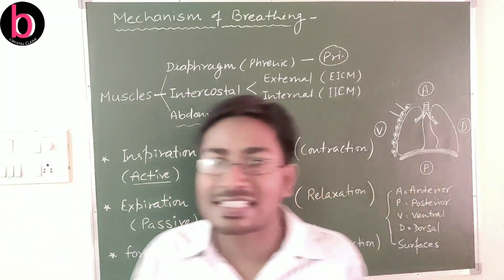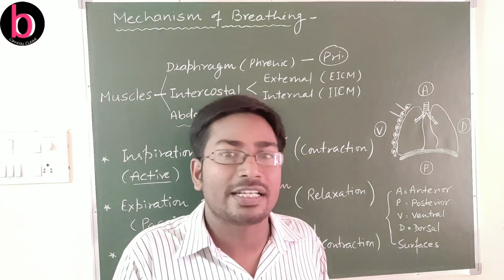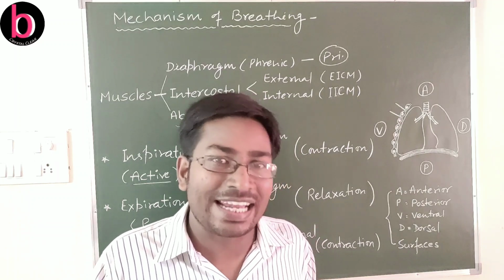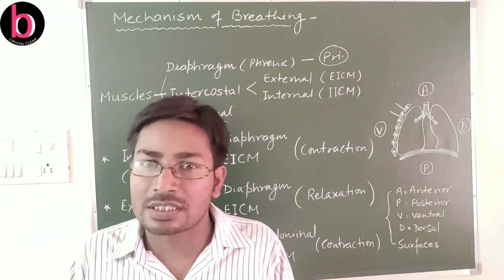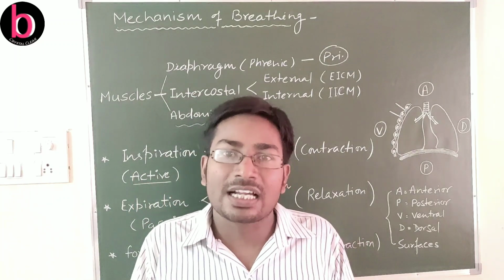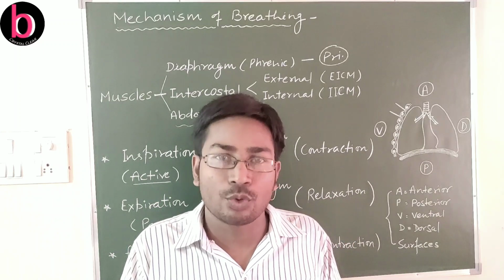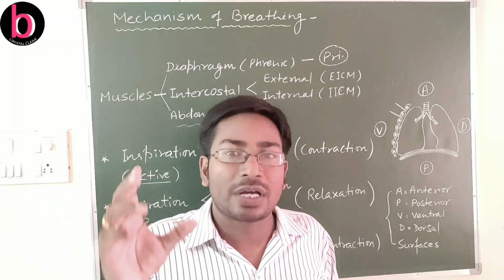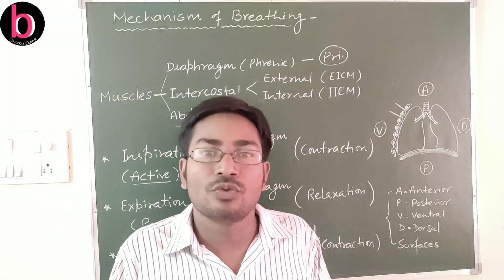Here there will be relaxation of the same two, that is the diaphragm as well as the external intercostal muscles. While forceful expiration is again an active process, and this time there will be involvement of the abdominal muscles as well as the internal intercostal muscles. So both are getting contracted, and that's why there will be a decrease in pulmonary volume and pressure will increase, so air will move out.